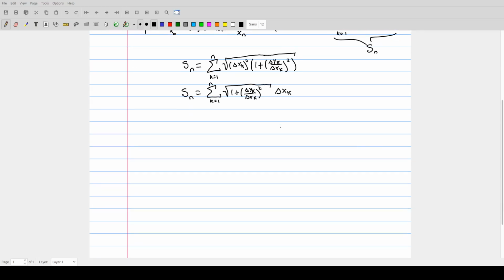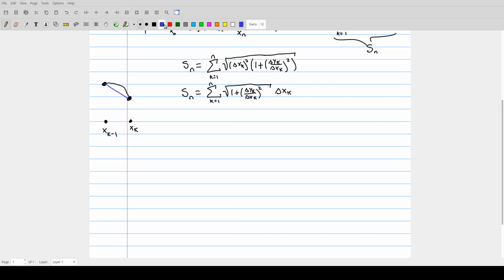If you recall the mean value theorem for derivatives from calculus 1, for any interval, in this case the interval from xk minus 1 to xk, the straight line segment is going from the value of the function at xk minus 1 to the value of the function at xk.